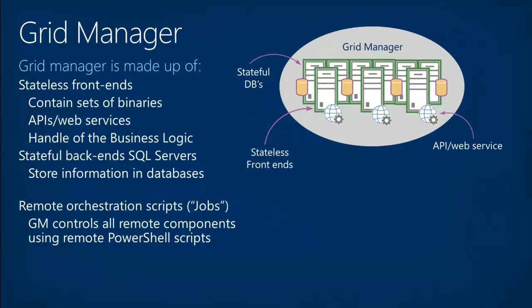It's a set of binaries, a set of web APIs and web services, and it handles all the business logic and automation for SharePoint Online. And then we have the back end that has SQL servers, no business logic whatsoever, just the state of objects, machines, servers, tenants, sites, URLs, IP addresses, everything. So think of a back end with the information and a front end with the business logic and the actual doing of the automation.